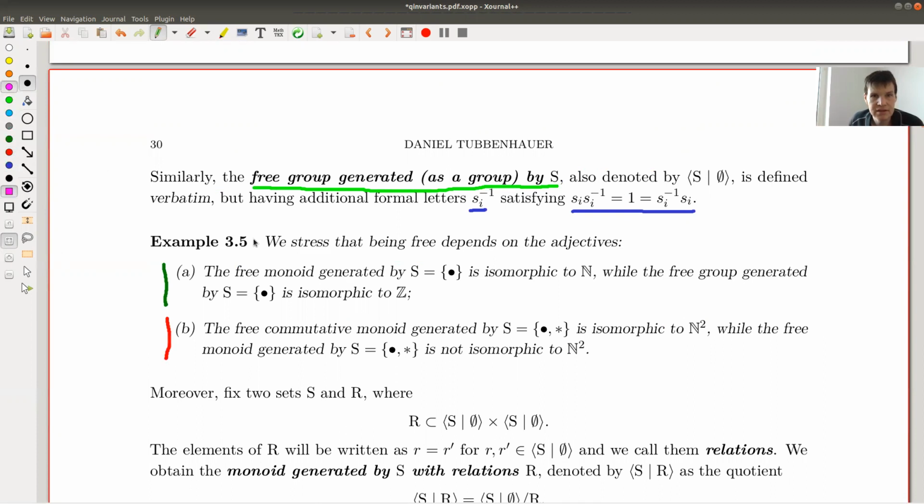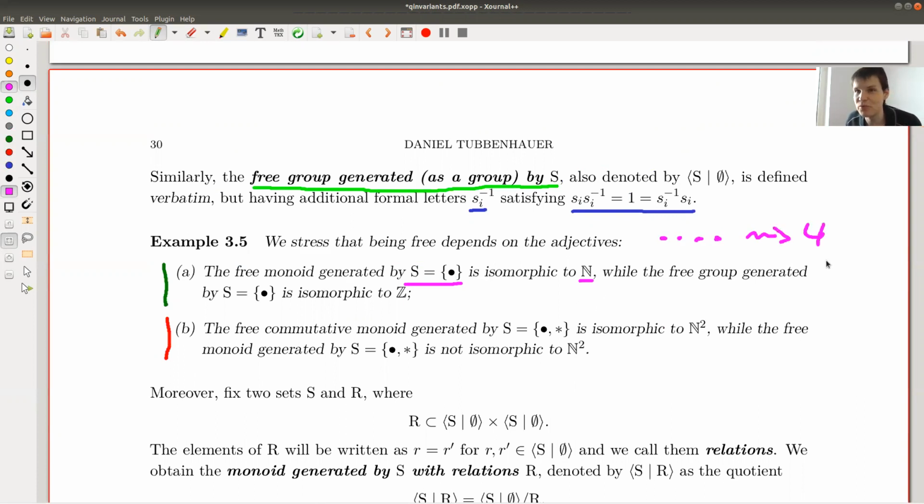The free monoid generated by one object is just N. Why? Well, my object, I can just call it bullet. So all the words I can imagine are just bullet, bullet, bullet, bullet, let's say 4 times, and you can identify this as 4, of course.